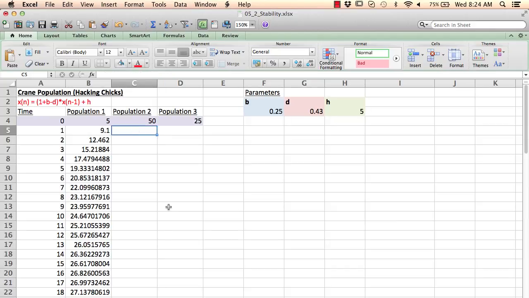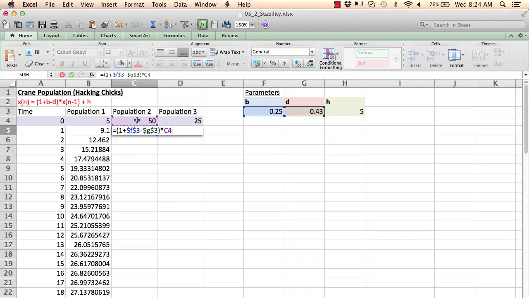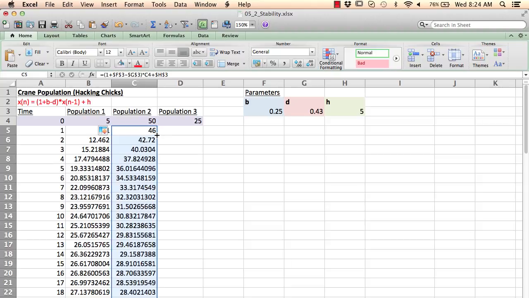Alright, so we're going to do the same thing for the next 2 populations, so I'm going to kind of zoom through these. So we've got 1 plus $F$3 minus $G$3 closed off times previous population plus $H$3. Now that I have a bunch of numbers in the column to the left of this, instead of click and drag this down, I can just double click on the little blue box and it auto-fills for me, which is super nice.